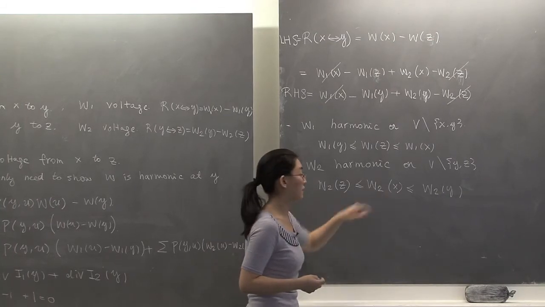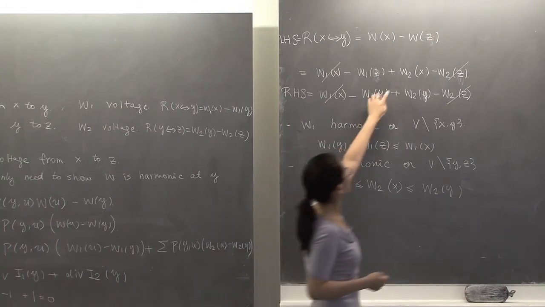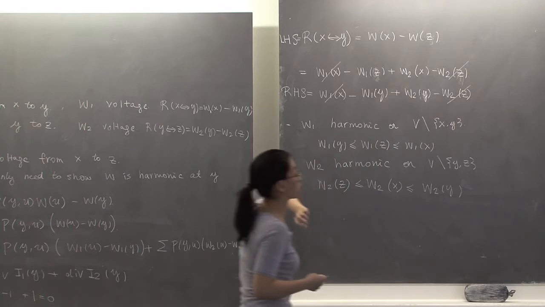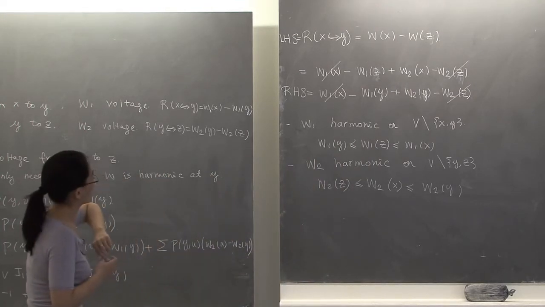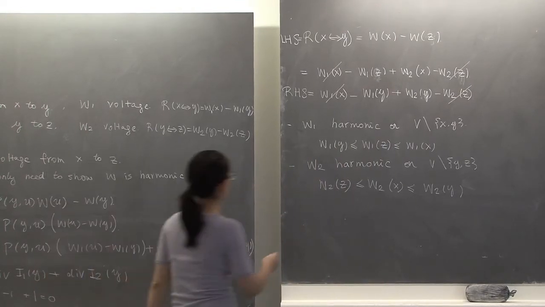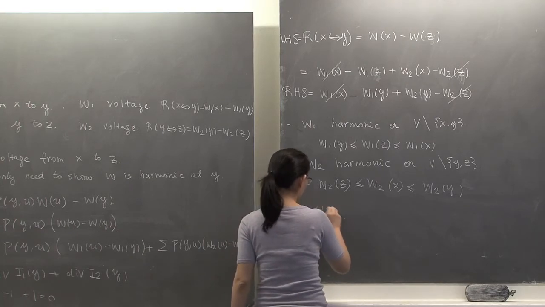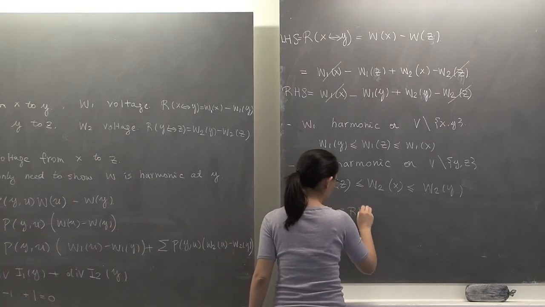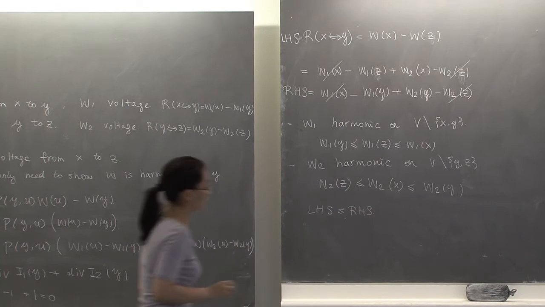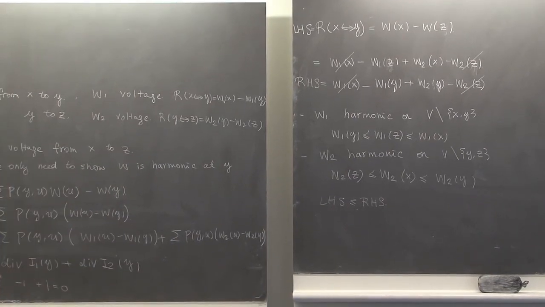And W2X has to be between these two. And this shows that W2X is less than W2Y. Okay, so this completes the proof that the left-hand side is less than the right-hand side. And this shows that the effective resistance satisfies the triangle inequality.